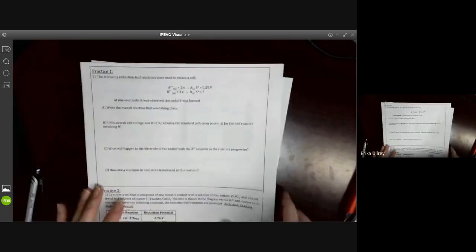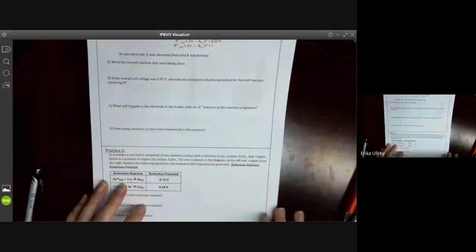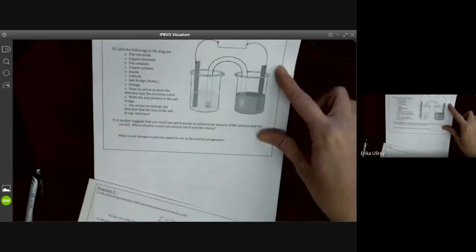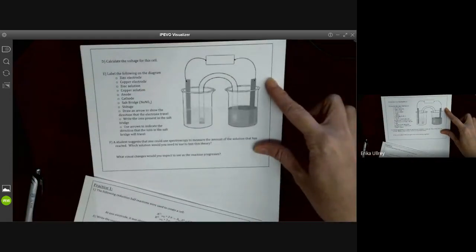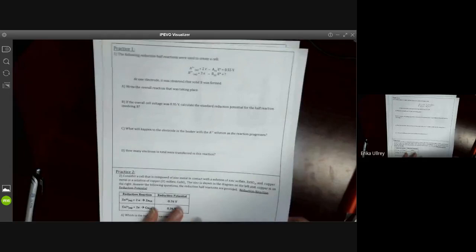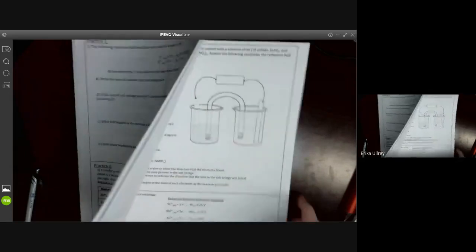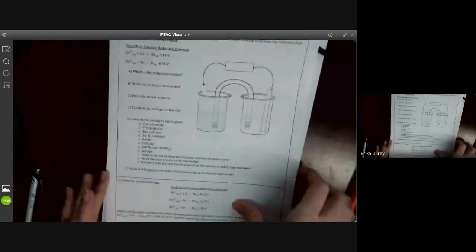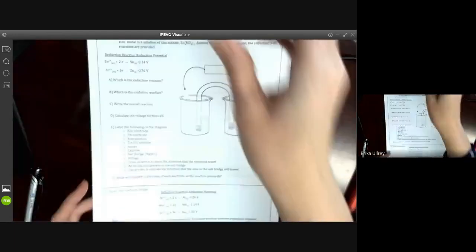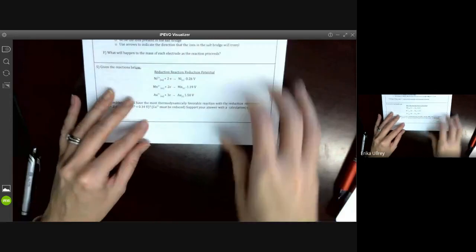They're all very, very similar to what we were just doing all together. Practice 2 starts here, ends here, so you're just going to finish by labeling this whole thing. But let's look at number 5 for just a minute. The other ones are going to be really similar to what we just went over.